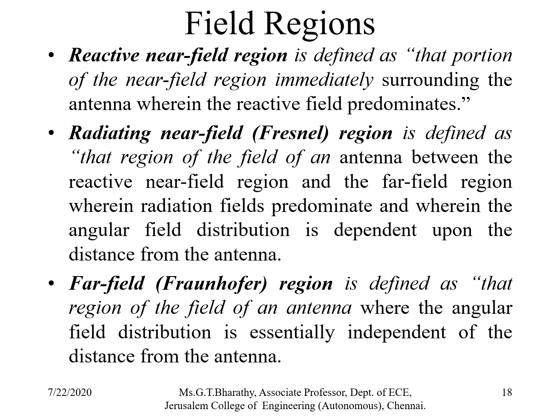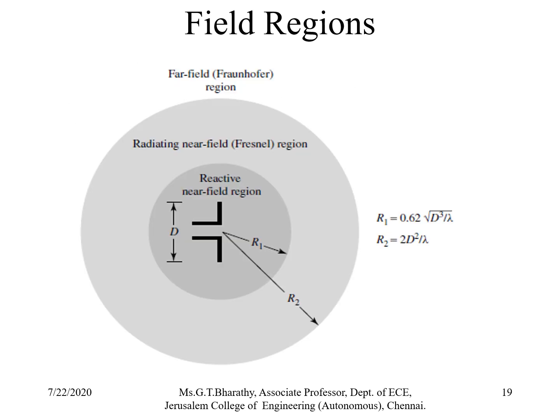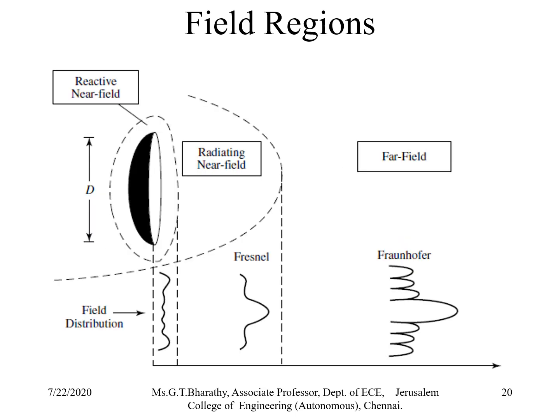We are interested only in the far field or the Fraunhofer region for the reason that its angular field distribution will be independent of distance from the antenna, which is very, very important in any antenna design. We also saw the diagrammatic representation of the field regions.